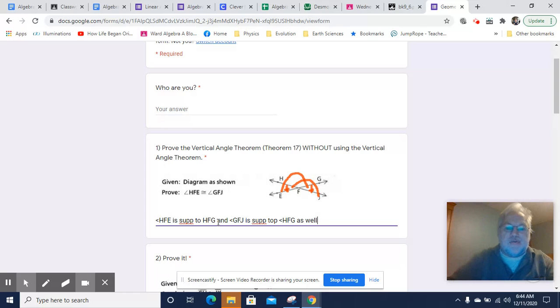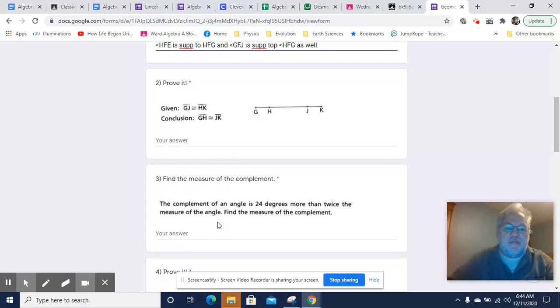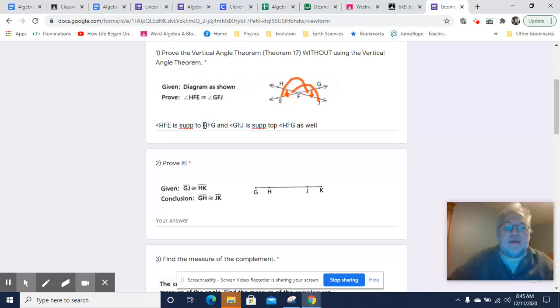It doesn't matter which one you use. You just want to pick one that you're using for each of them. Okay, so I just moved my screen down. Let me move it back. Make that an angle. Okay, so HFE is supplementary to HFG, and GFJ is supplementary to angle HFG as well.